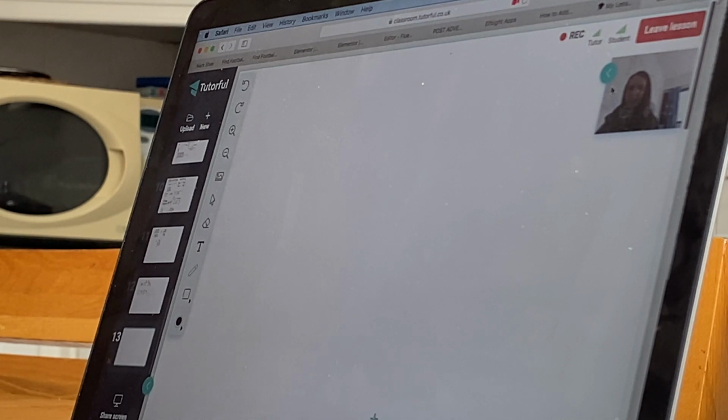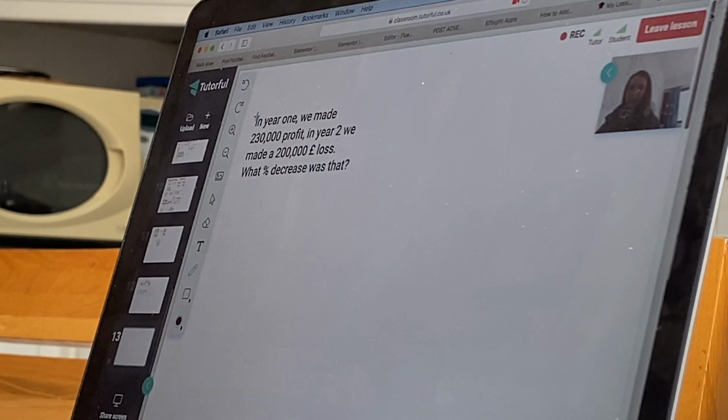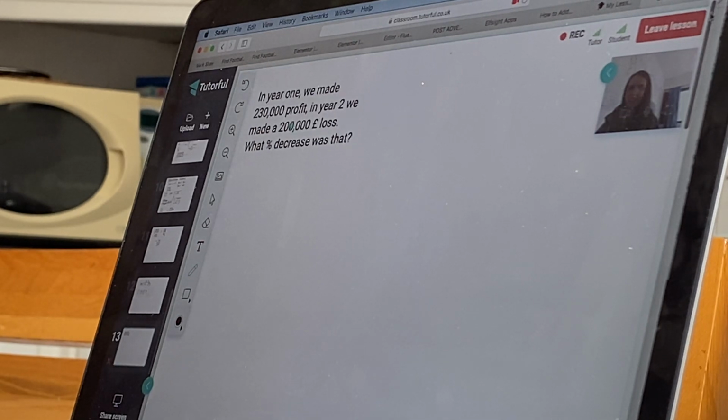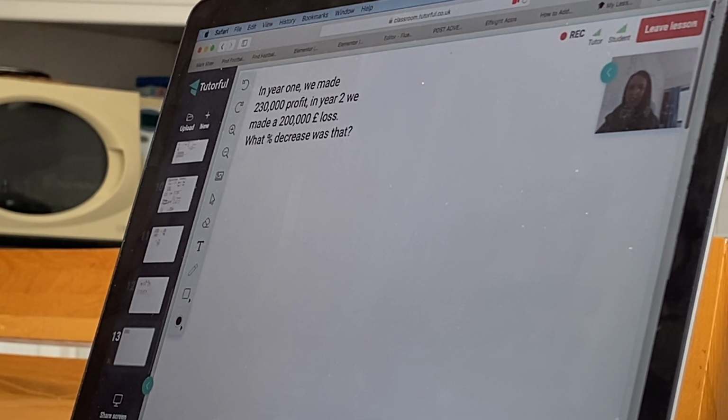Once again, we're going to be looking at our percentage decrease. Okay, so in year 1, we made £230,000 profit. In year 2, we made a £200,000 loss. What percentage decrease was that?